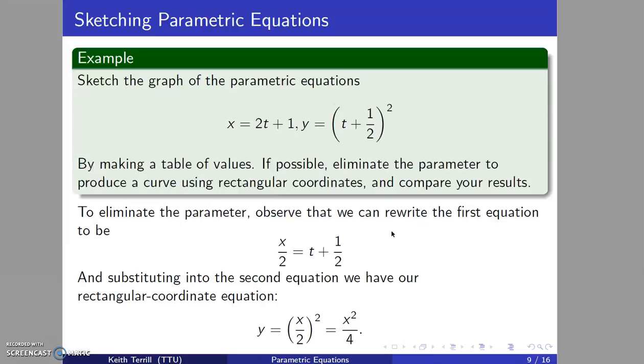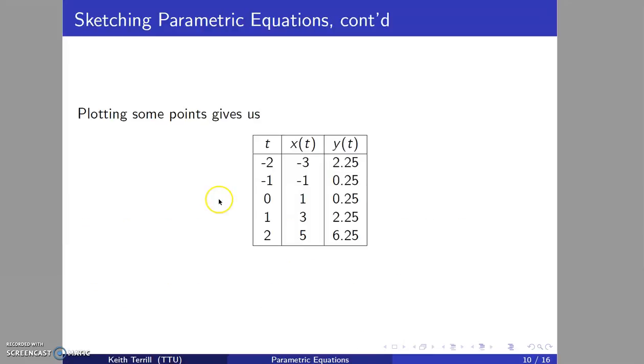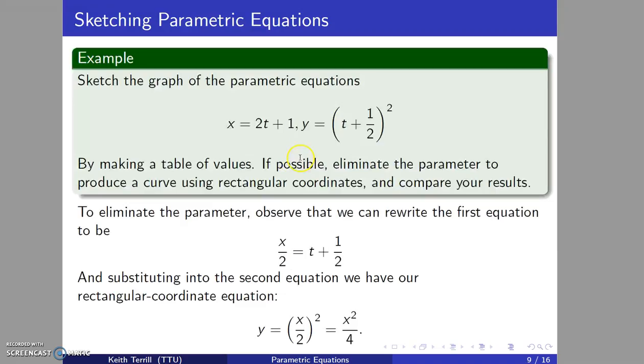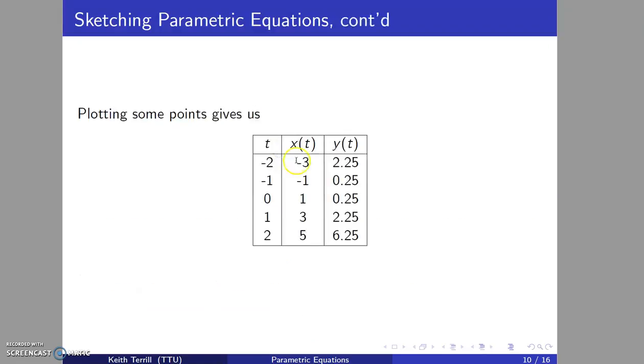So I'm going to make a list of values here for t, starting with the usual suspects: -2, -1, 0, 1, 2. And actually, as we'll see here, that's not going to be good enough. But just starting with these 5, if I put -2 in for t, for x, that's going to be -4 plus 1, that's -3.